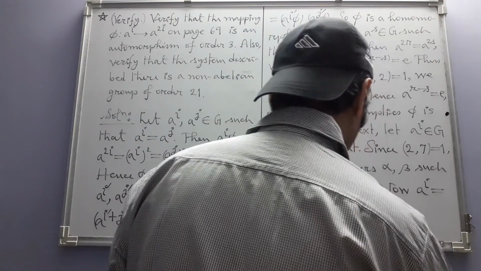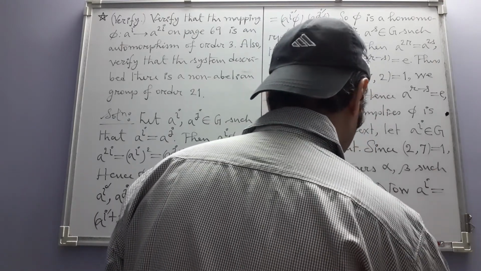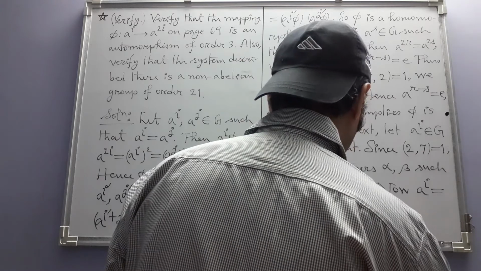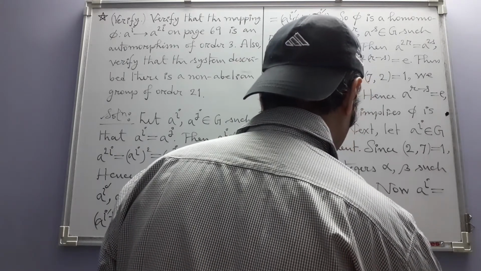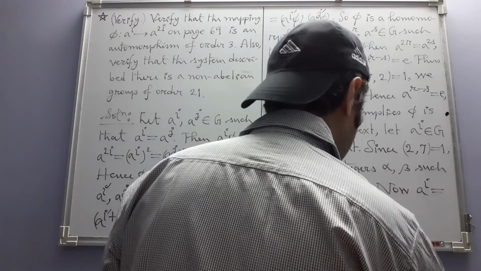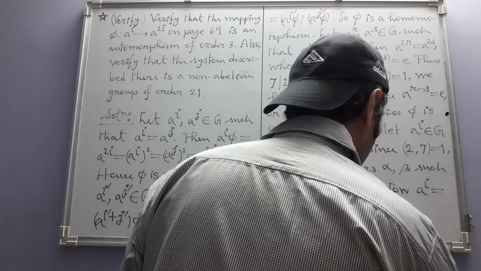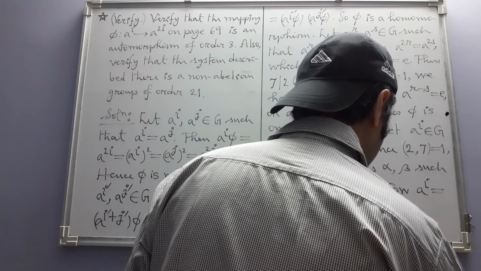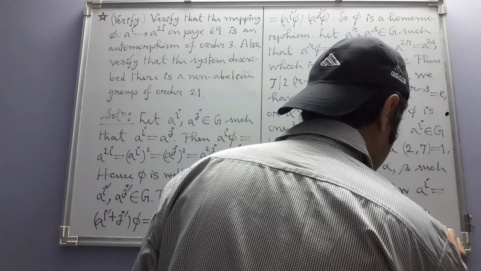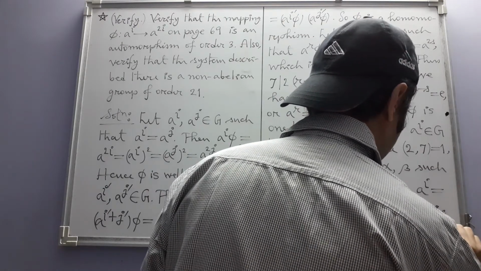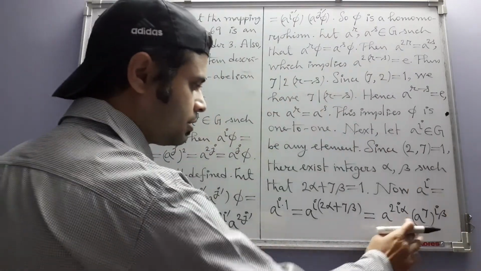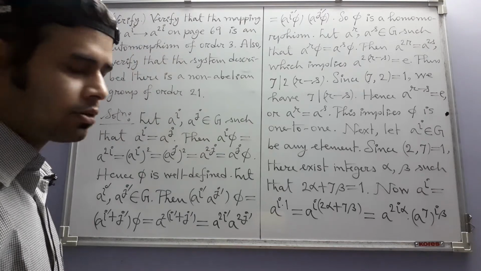Now, using the rules of exponents, this can be written as a to the power 2 i alpha times a to the power 7 i beta. This thing will vanish because 7 is the order of A.